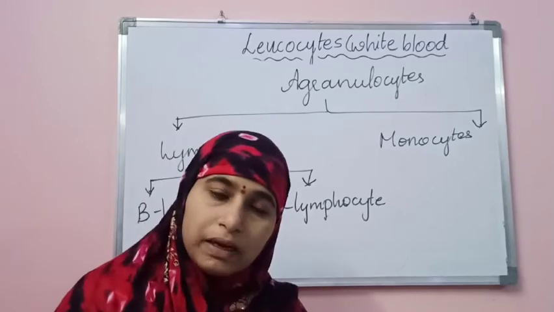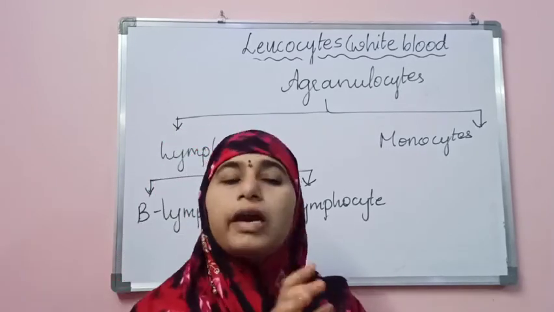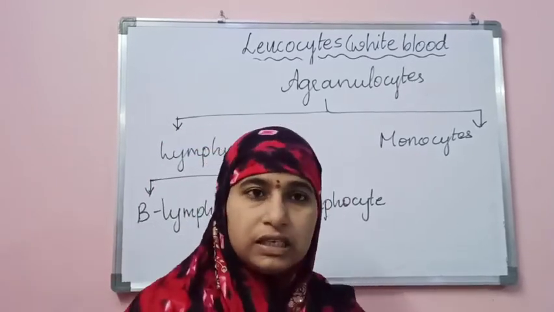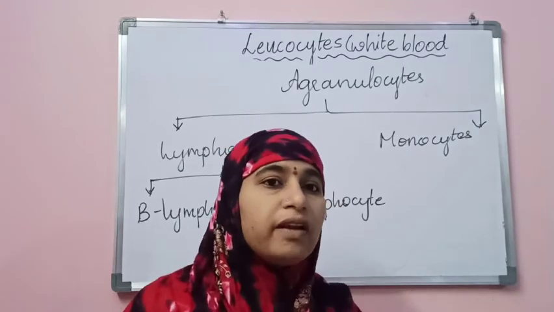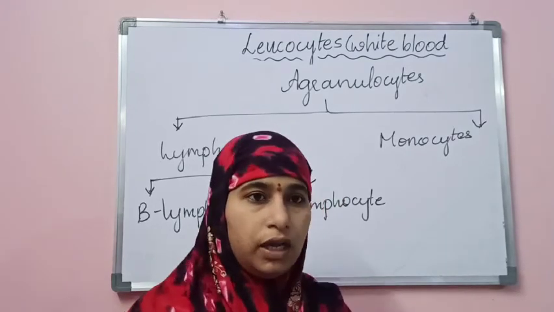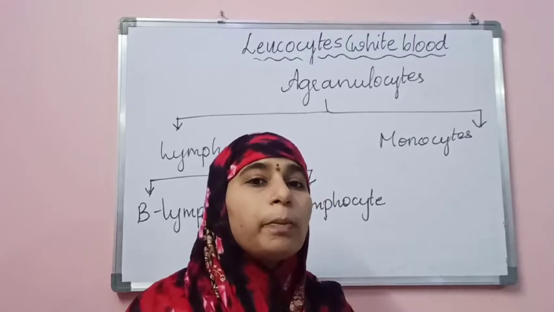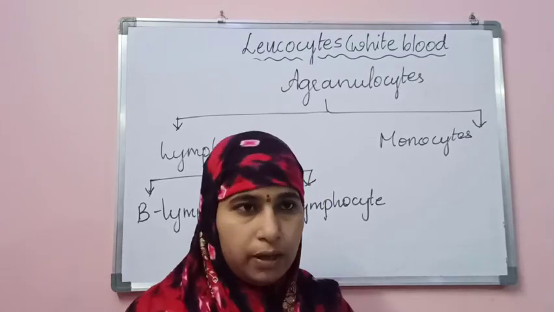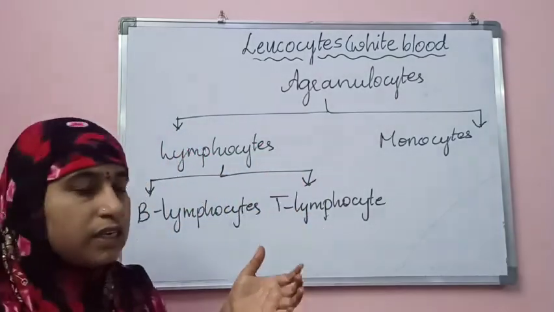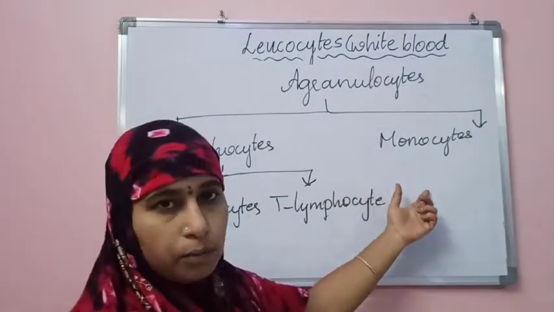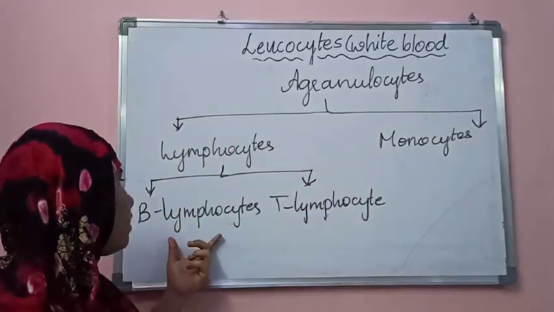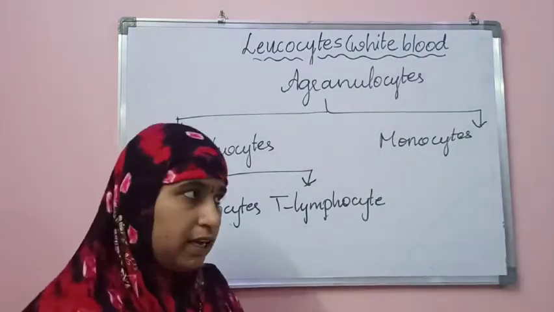As the cytoplasmic granules are absent, it does not accept any sort of stains, and a major portion of the cell will be occupied by the nucleus only. Agranulocytes are divided into lymphocytes and monocytes. Lymphocytes are again divided into B lymphocytes and T lymphocytes.